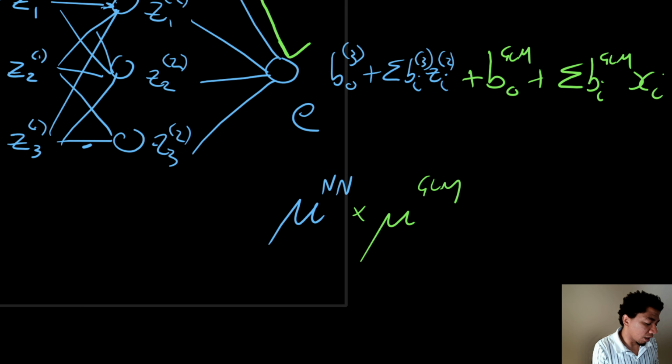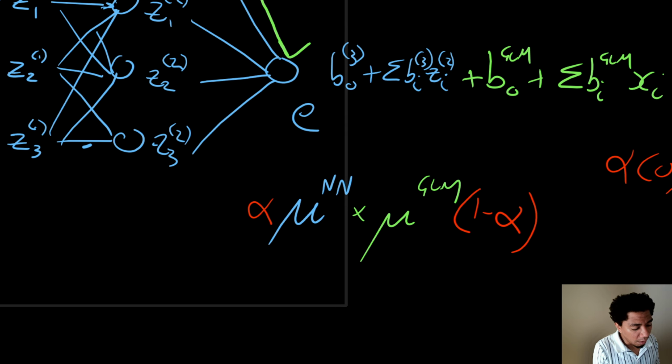Think of it as an alpha here and a 1 minus alpha, where alpha is between 0 and 1. And then the model will essentially learn to assign a credibility weight to the GLM or to the neural net.